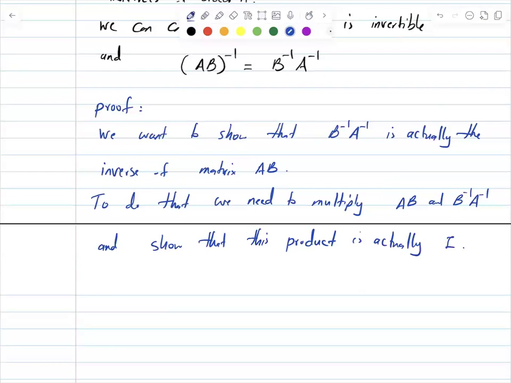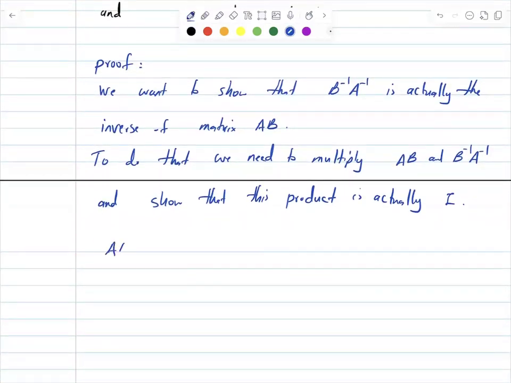So let's begin. AB is multiplied by the inverse of B by the inverse of A. We can group these together differently. I can take these two and group them in the middle. So what's happening?